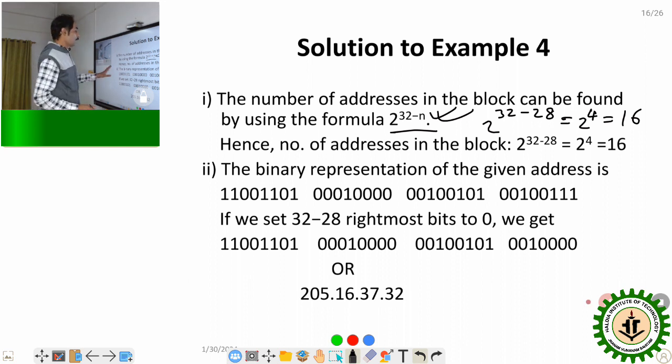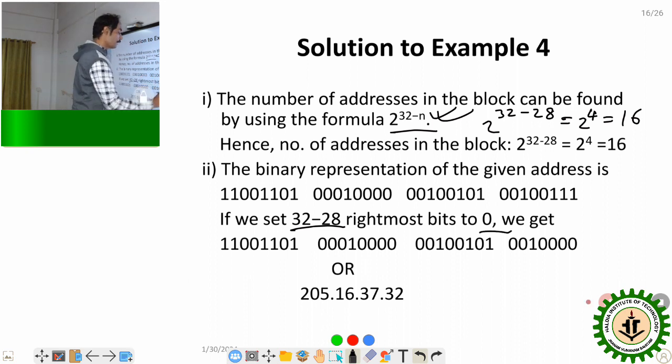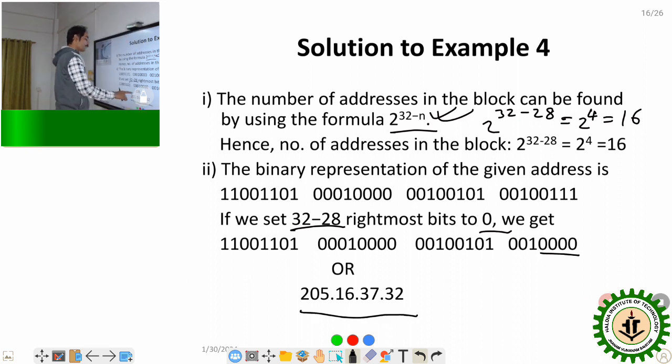Now we come to how to derive the first address. As we talked about, we reduce n from 32. So 32 minus 28 is 4. So the rightmost 4 bits should be replaced with 0 to get the first address. As we replace the rightmost 4 bits with 0, we get 205.16.37.32, which is the first address.